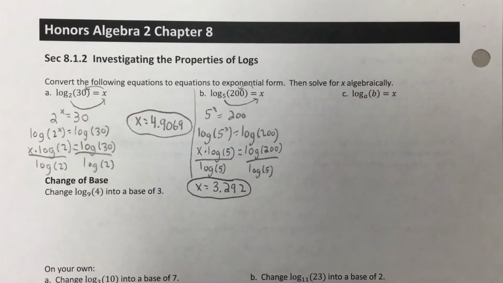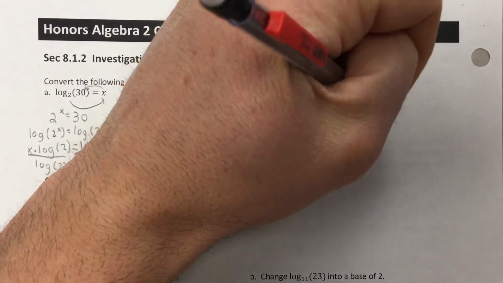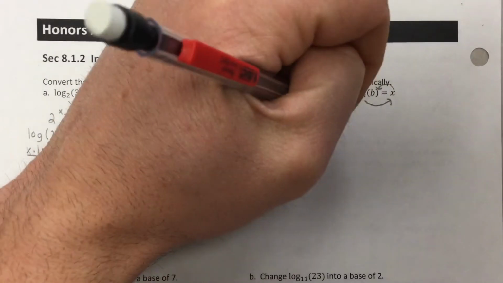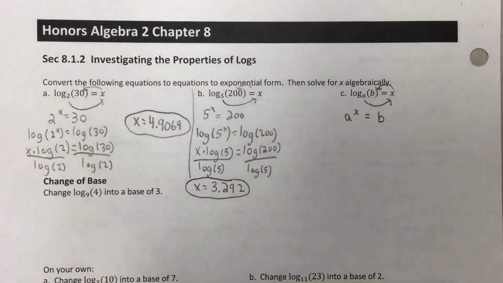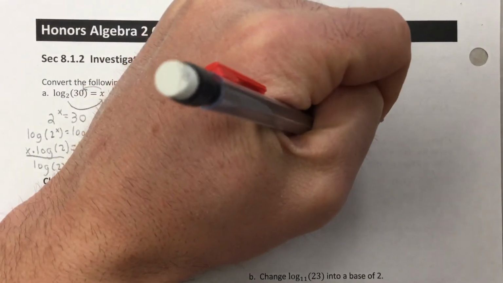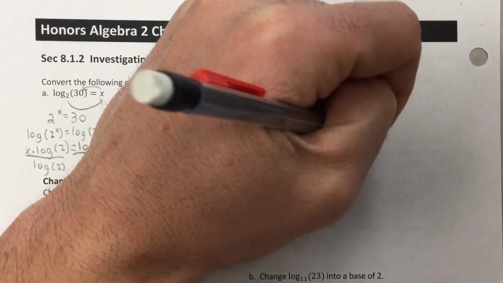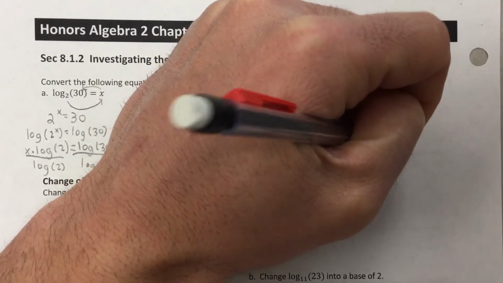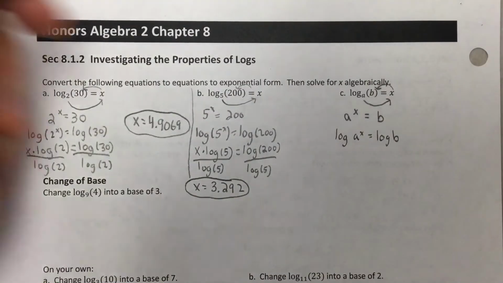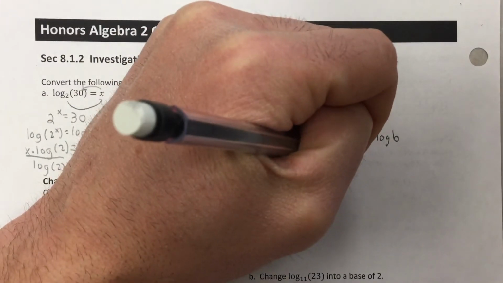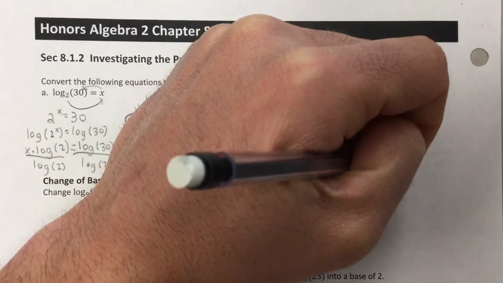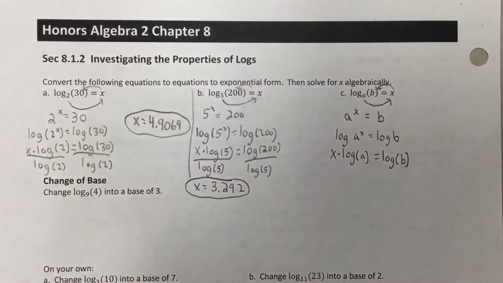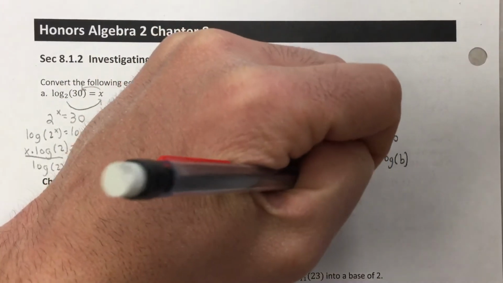And in general, if I just have these letters here and converted this, I'd have a to the x equals b. To get the x by itself, I would take the log of both sides, use the power property to get that x in front, and then I'm dividing by log of a.